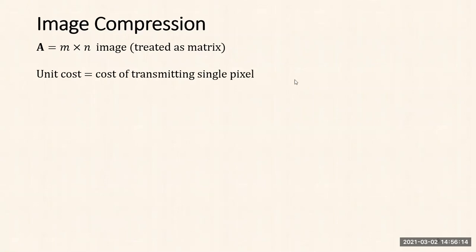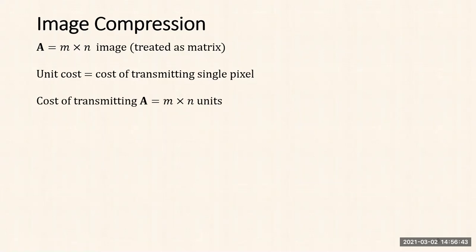We're going to transmit this image, either transmit or store, it doesn't matter. I'm just assuming that it's a transmission. So we are going to transmit the value of each pixel. So to transmit this entire image, the cost would be mn units, right? M times N, because we have this many pixels. Agreed?